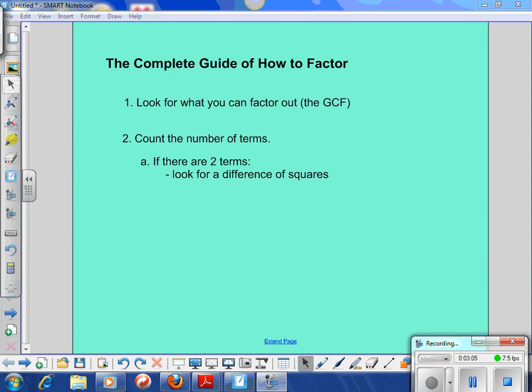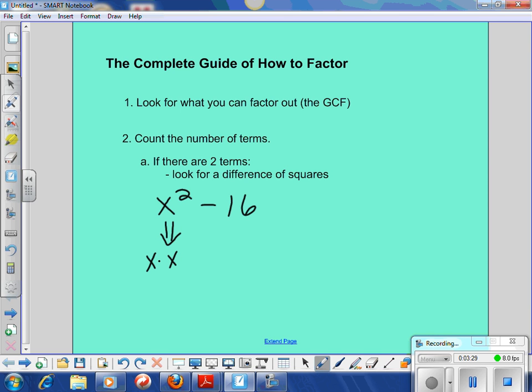If there are 2 terms, you're going to look for a difference of squares. And let's review what a difference of squares is. Remember, first this is after you've factored out the greatest common factor. So if we had x squared minus 16, how you determine difference of squares is you look at your first term, which would be x times x.